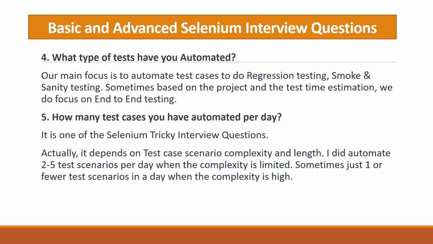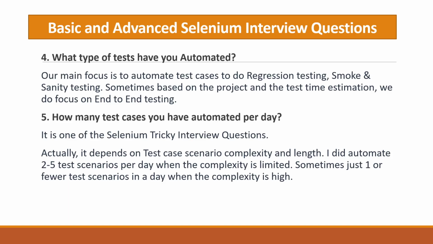Next, during your automation interview, if the interviewer asks what types of tests you have automated, our main focus is to automate test cases for regression testing, smoke testing and sanity testing.